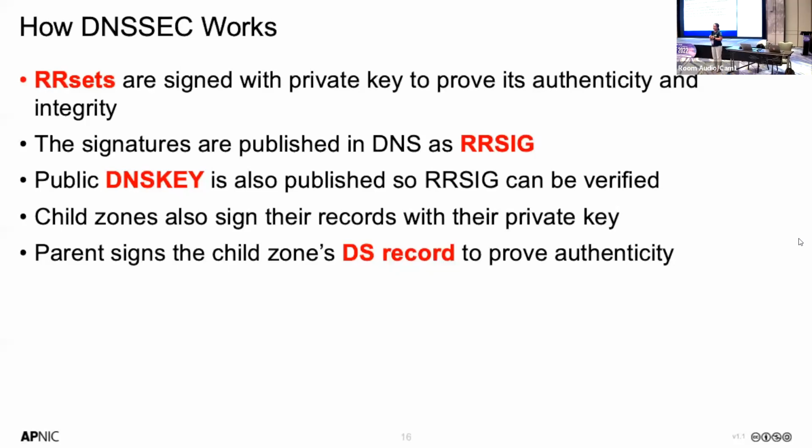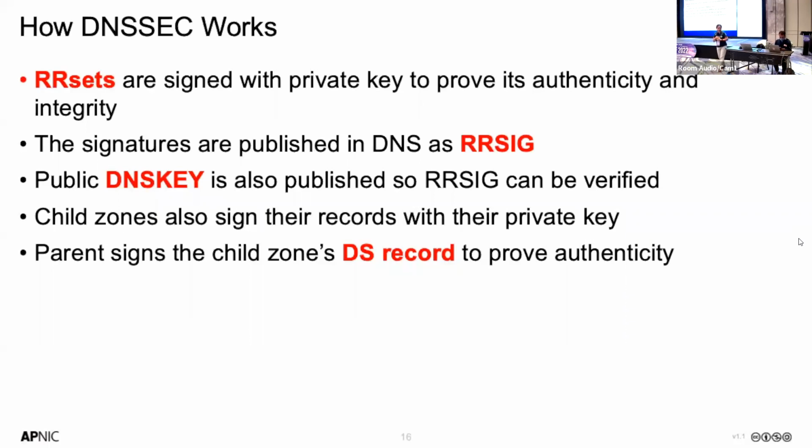Okay, so it's the same thing as the previous slide, but now we are a bit more specific. We are signing what we call RR sets, so resource record sets. We have RRSIG that holds the signatures. We also have DNSKEY. Those are resource records again that will now hold the public key.